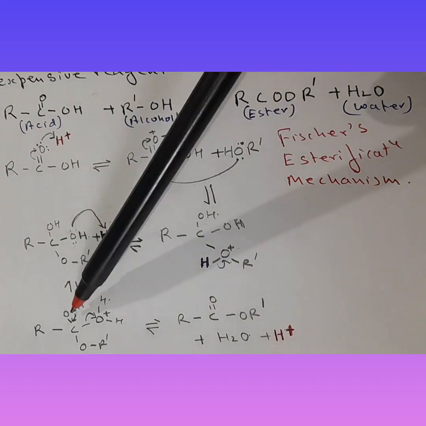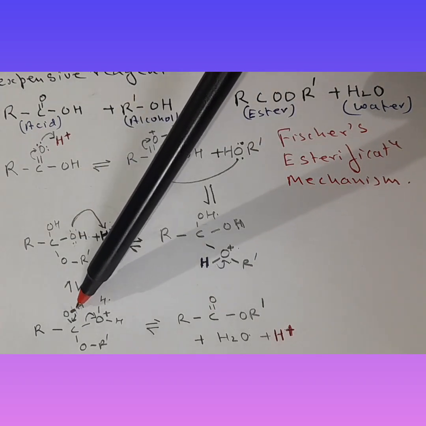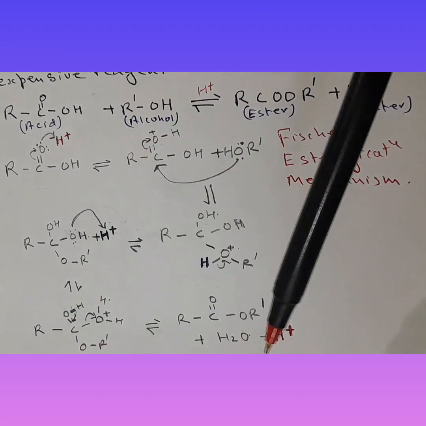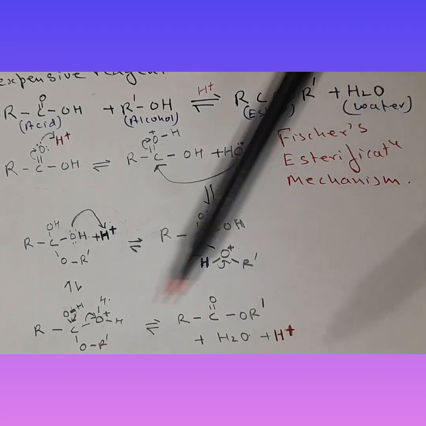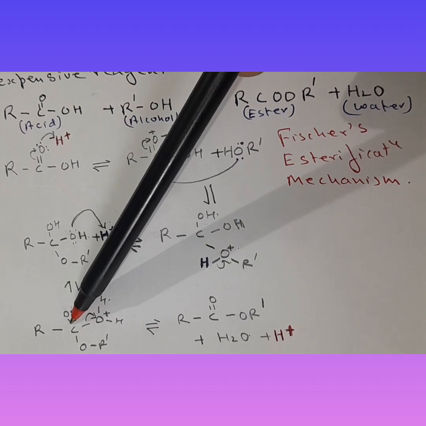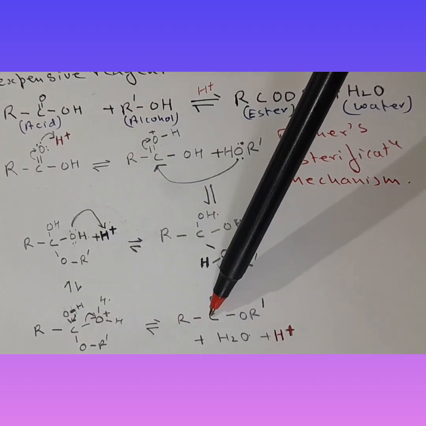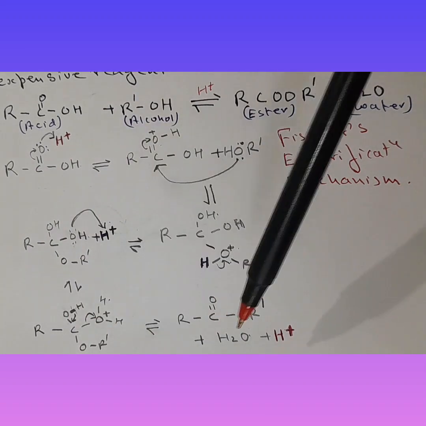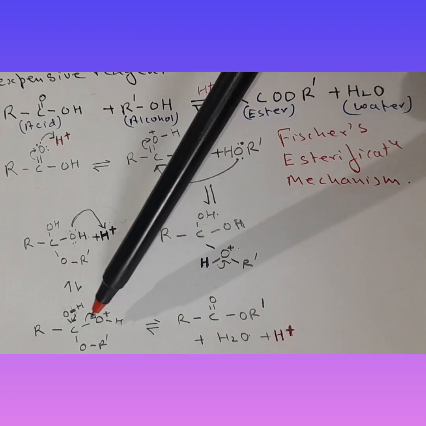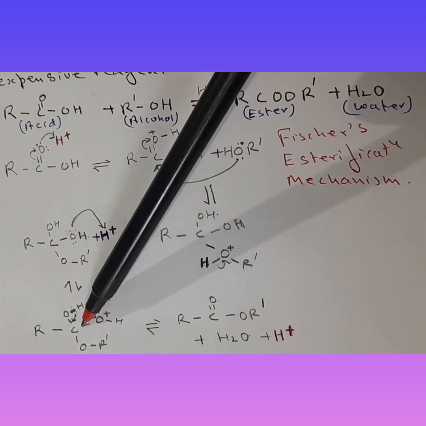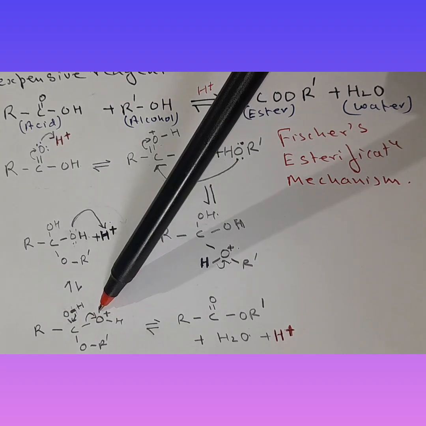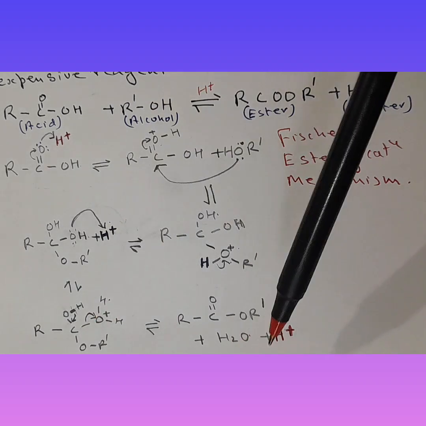Now again the bond pair of H has shifted here, so this becomes the proton. So this forms a double bond. OR prime already got attached, and this left out as water for satisfying O plus. The bond pair shifted towards O plus to satisfy this as water, so we got water and H plus.